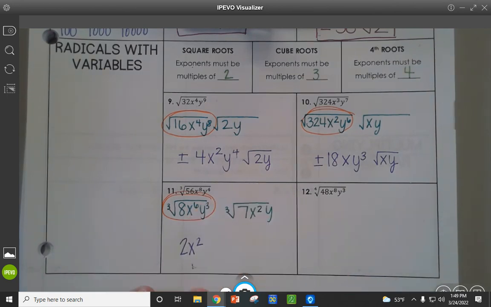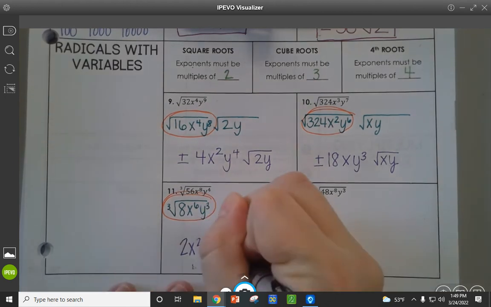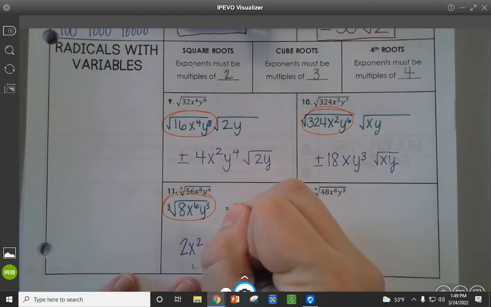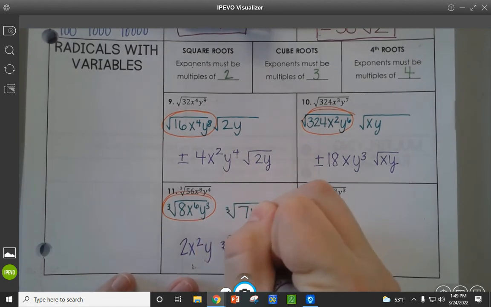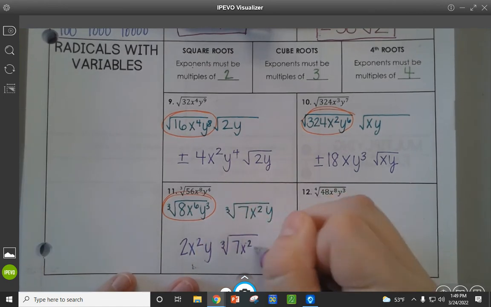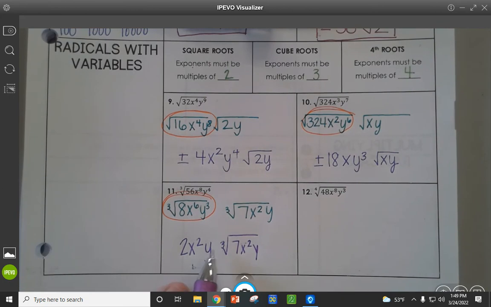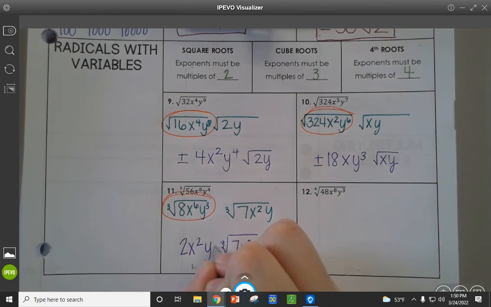Remember, we're dividing by 3 because it's a cube root. And the cube root of y cubed is y. Got my cube root of 7x squared y left. Be careful. You don't want this to look like y cubed and then a square root. Maybe even put a multiplication symbol sign between there. That might help.